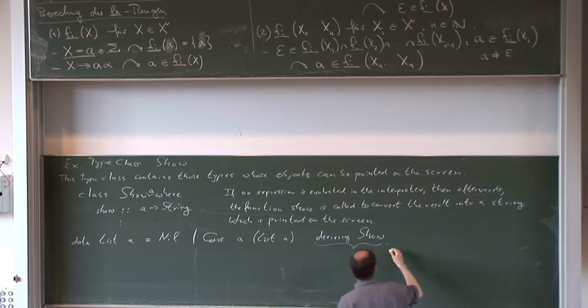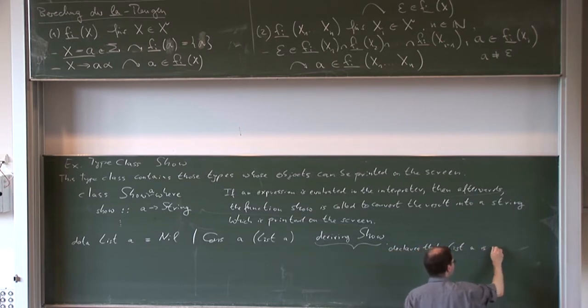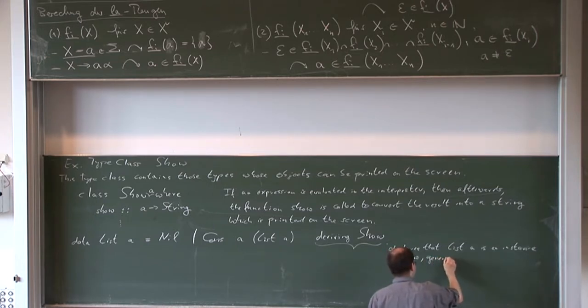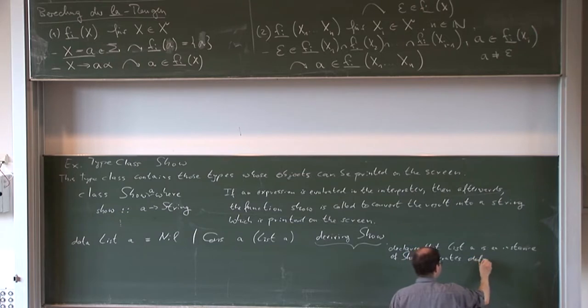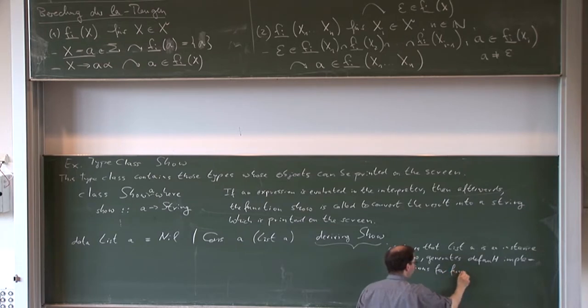So this means it declares that list A is an instance of the type class show, and to implement the functions of this type class, Haskell automatically generates default implementations for the functions of the class.